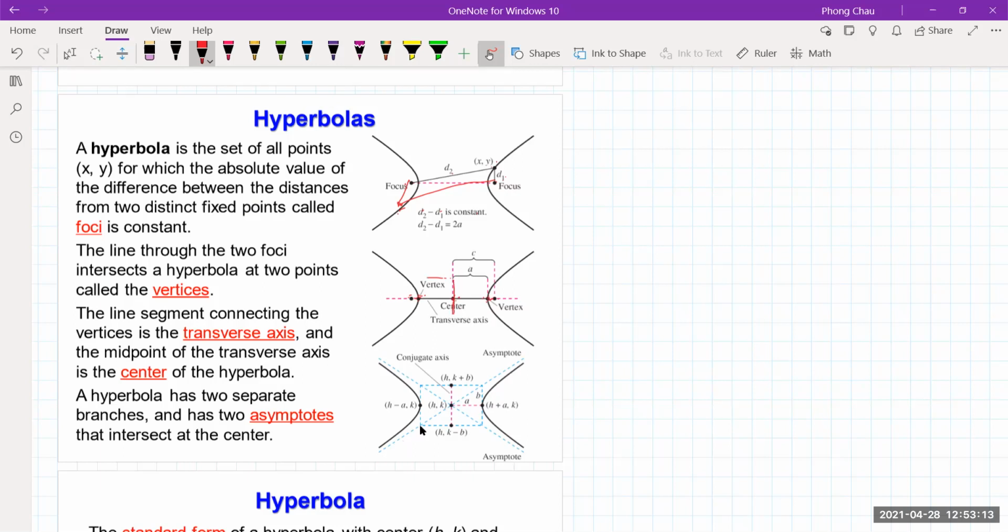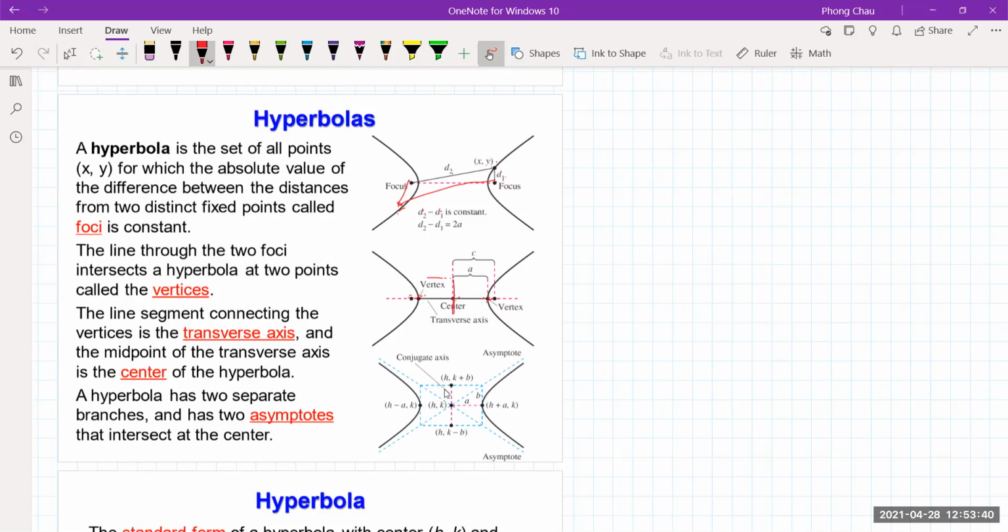Then you draw the lines through the corners of the rectangle. These will serve as asymptotes to the hyperbola. Okay, so the hyperbola has two asymptotes that intersect at the center of the hyperbola and go through the corners of this rectangular box.